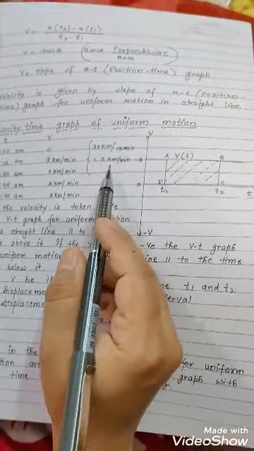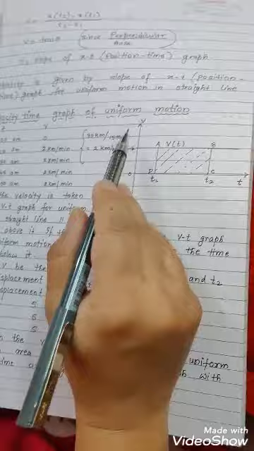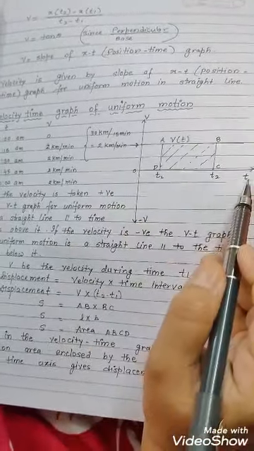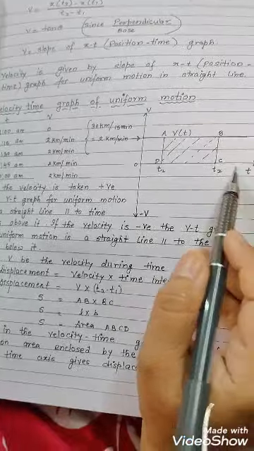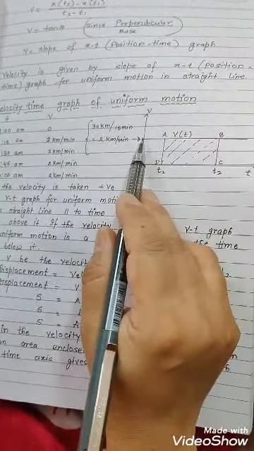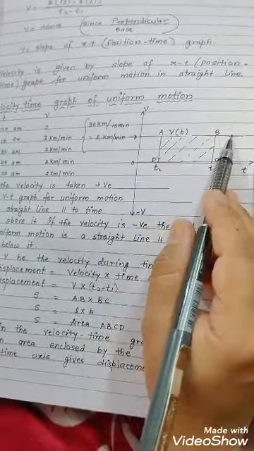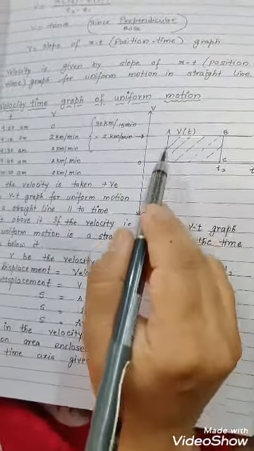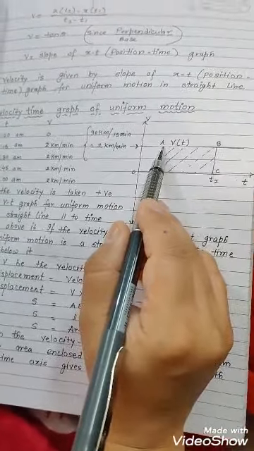If you draw the VT graph, taking velocity on the y-axis and time on the time axis, you will get this type of graph: a straight line parallel to the time axis, because at time t1 the object is traveling with velocity v.